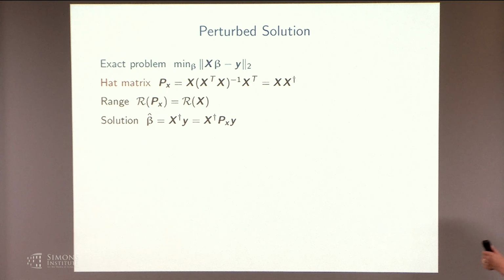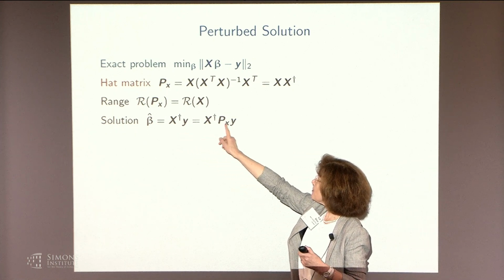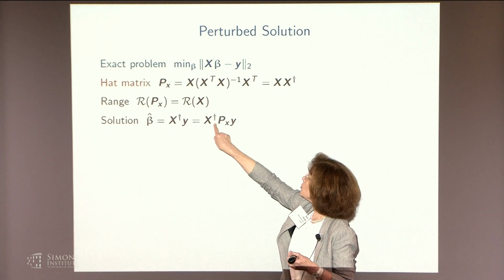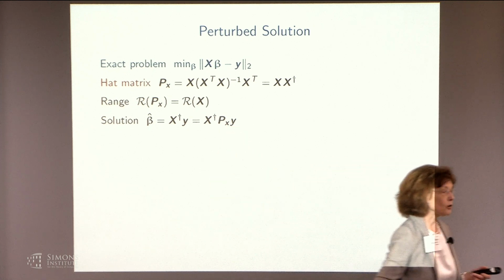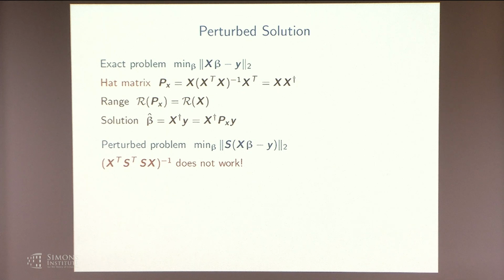And our solution, well, we have a pseudo-inverse here, and it can also be represented as the pseudo-inverse applied to the projection of the observation onto the column space of X.